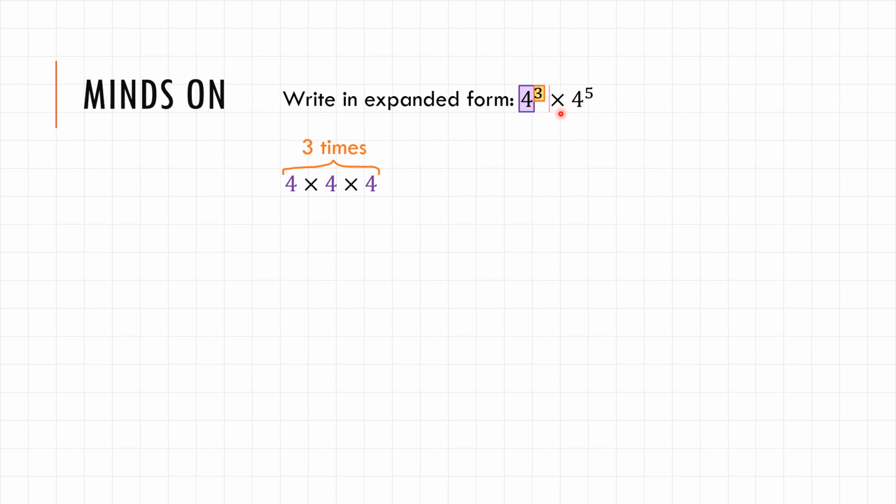And then I have to multiply, so I'll put another multiplication symbol here, by 4 to the power of 5. And what is 4 to the power of 5? That's 4 multiplied by itself 5 times. And so in total, I have 4 times 4 times 4 times 4 times 4 times 4 times 4 times 4.